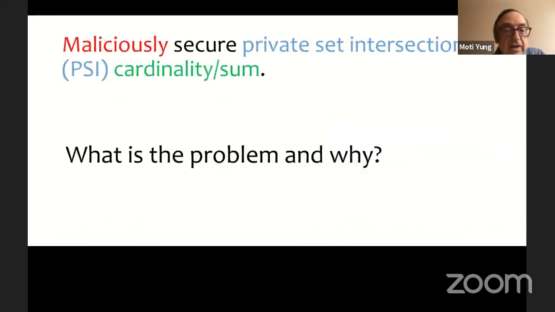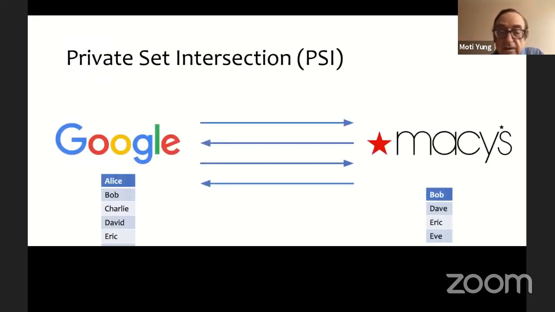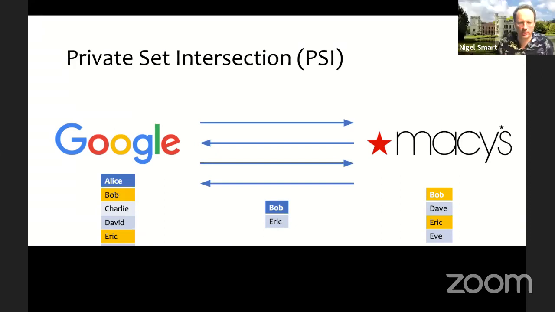Okay, and then I said what is the problem and why, and people actually know what the problem is. Nigel, do you see the intersection calculated? Yes, I do. I see everything. It's perfect.